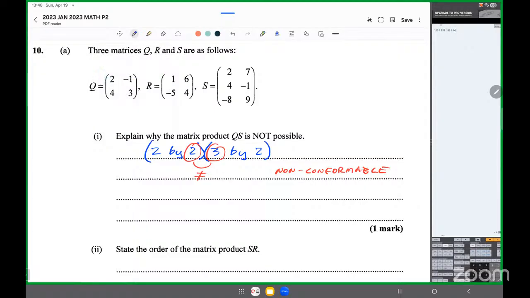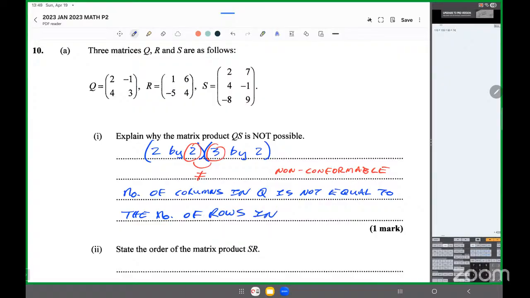That's the reason: the number of columns in the first matrix, which is Q, is not equal to the number of rows in the second matrix, which is S. That means they are non-conformable.